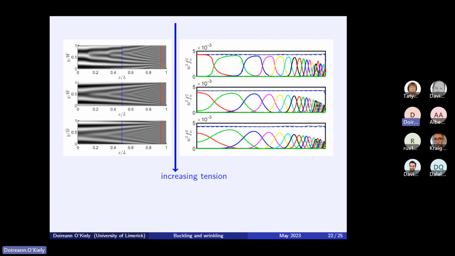Okay, and then what we're doing as you come down the slide is we're increasing the tension in the sheet. And if you do your non-dimensionalization correctly, then you see that increasing the tension is analogous to changing how rapidly the bending stiffness is changing. Okay, so in this bottom one, you basically stretch out the whole system.